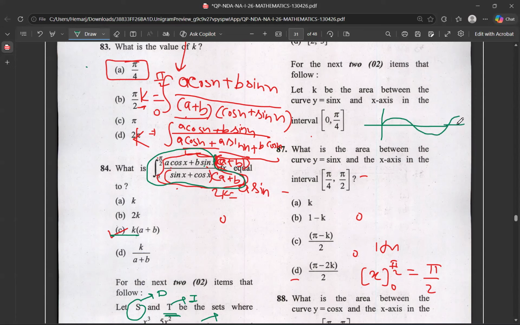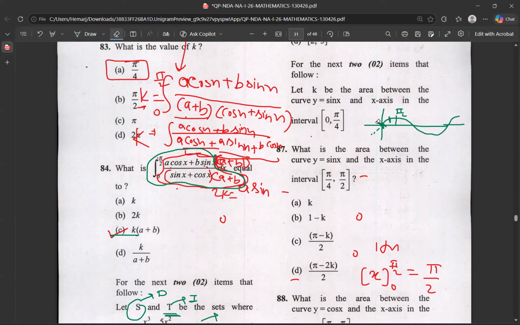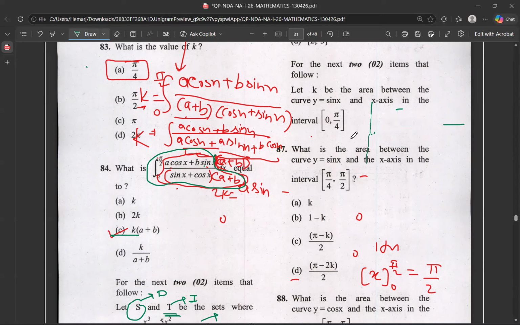This will go till infinity, and on this side as well, it will go till minus infinity. From 0 to pi by 4, let's imagine here it is pi by 4 and here it is pi by 2. This much area between sin x and the x-axis is K.